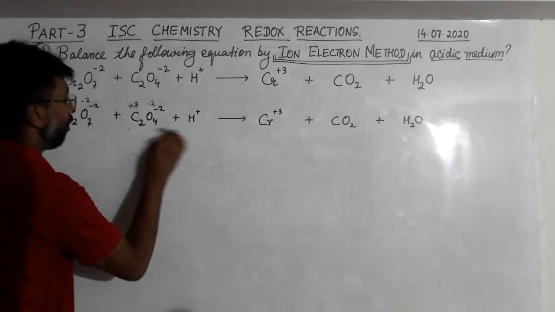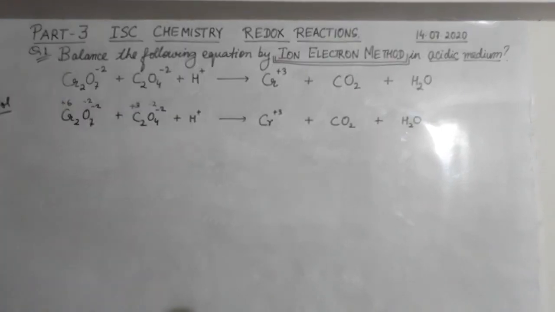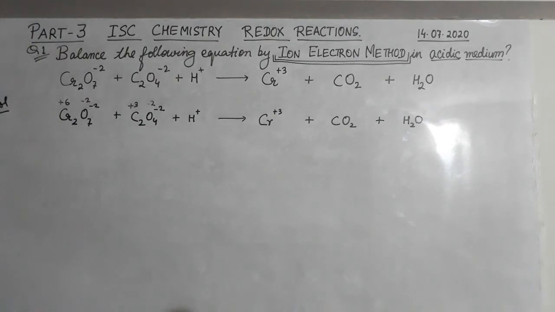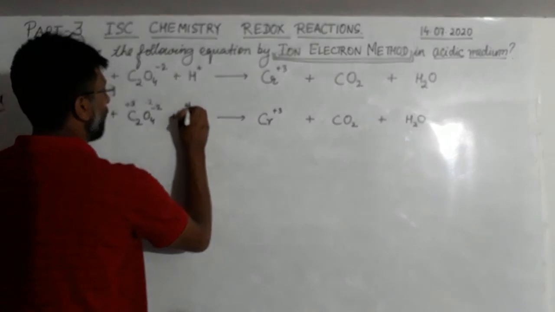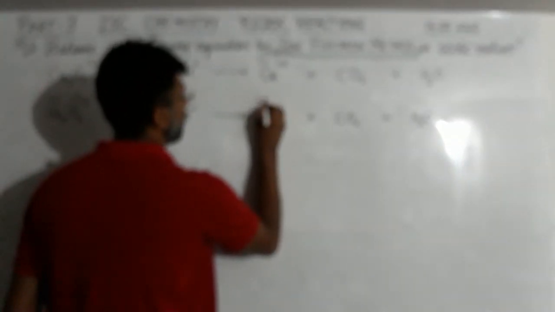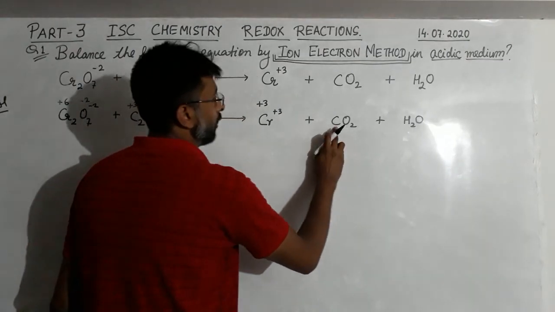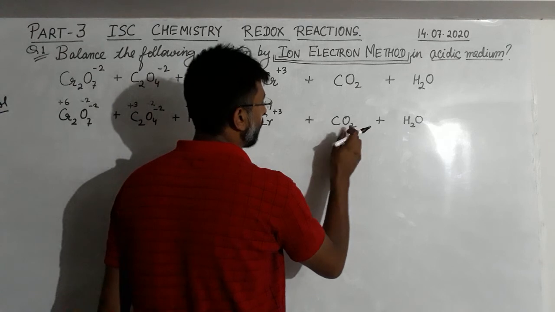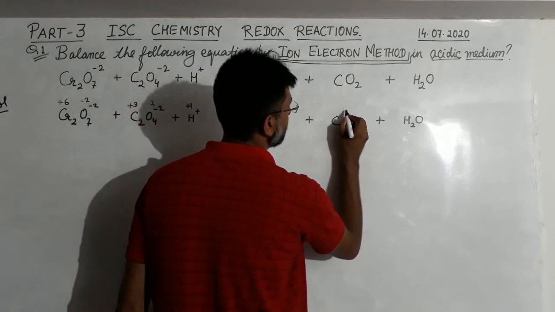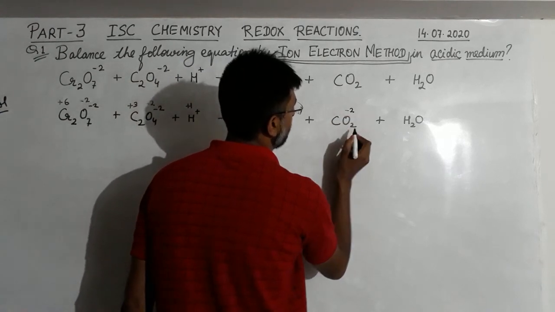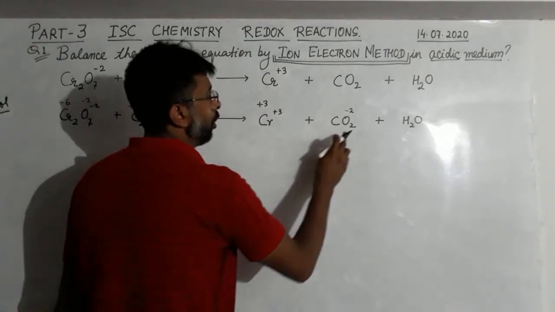After that, the oxidation number of hydrogen ion. H+ ion is given in the question. Oxidation number of hydrogen ion is plus 1 only. Nothing to worry. Oxidation number of chromium ion is plus 3. In carbon dioxide, the oxidation number of carbon we don't know, we can calculate. For oxygen it is minus 2. There are 2 atoms of oxygen, so 2 twos are 4.